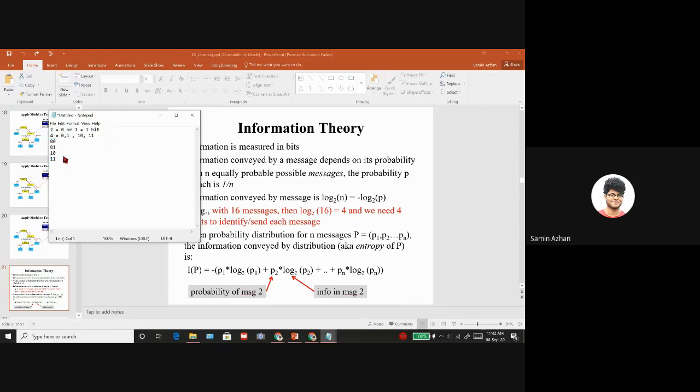Similarly, for 8, we would need 3 bits, right? 0 0 0, 0 0 1, 0 1 0. You get the idea, right? In binary, if we're trying to represent from 0 to 7, we need 3 binary digits. And 0 1 1, so this is 4.